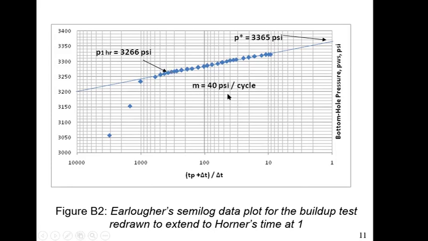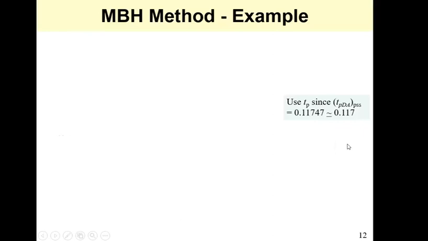The slope of this plot is obtained from any of the cycles, and that was treated in the last lecture. In this case, it's 40 psi per cycle.